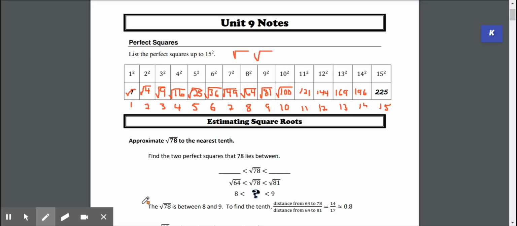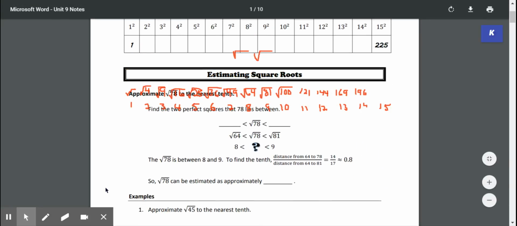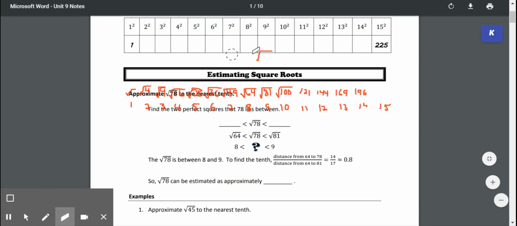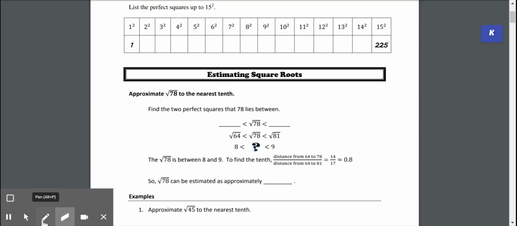Okay, so if we take a look here, there's going to be a little exercise in estimating. Let me erase that. If we want to estimate, and this is a skill you should have, but it's not what we're going to focus on, if I wanted to estimate about what the square root of 78 would be, I'd want to find the perfect square roots on either side.